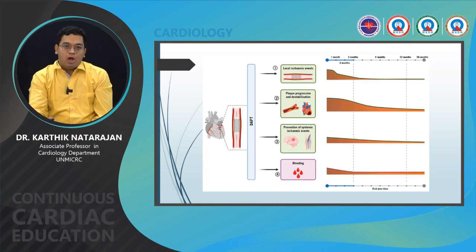And finally, all these dual antiplatelets have to reduce ischemic events, but at the same time, they should have a very low risk of bleeding, because bleeding contributes significantly to morbidity and mortality, and this low risk of bleeding should persist throughout the duration of antiplatelet therapy. So, this is how the ideal DAPT regime in a post PCI patient is expected to act.